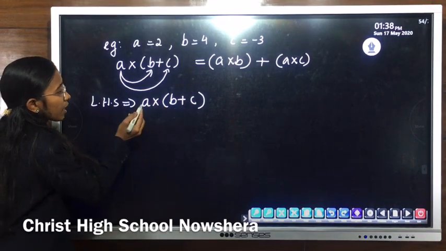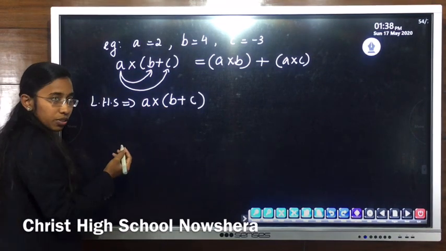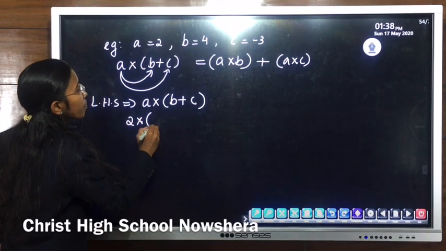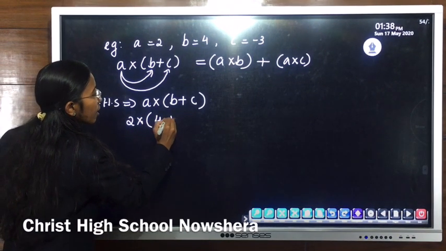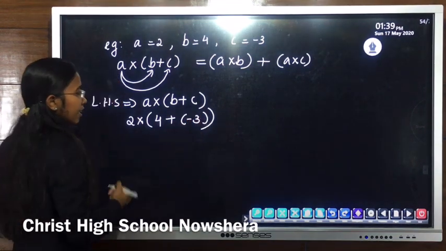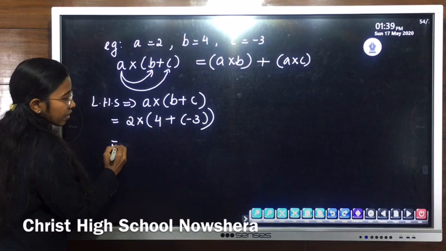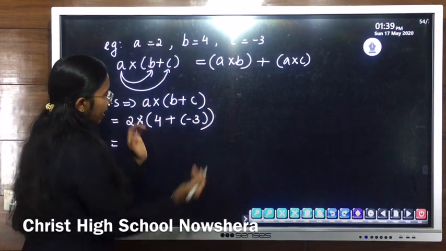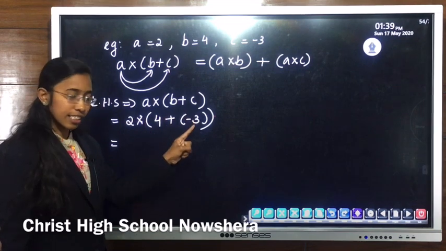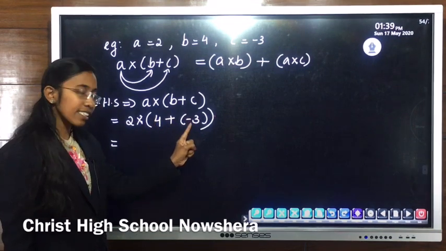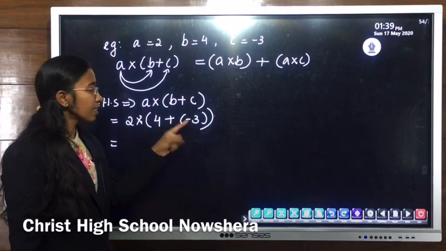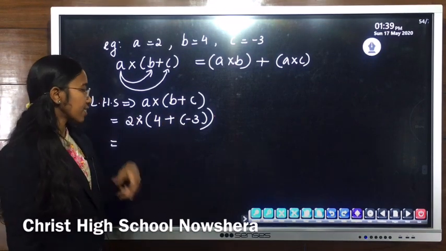Okay, so at the place of a, 2, substitute the values, that is 2 into (4 plus minus 3). This is our LHS. So inside the bracket there is 4 plus minus 3. This is addition of two integers. One is positive and one is negative. In this case, find the difference and put the sign of the largest number.